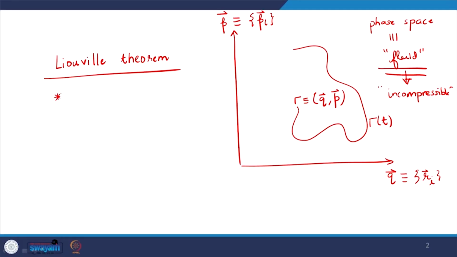So, what this essentially means are two things. First, we are essentially saying that systems are neither created nor destroyed.